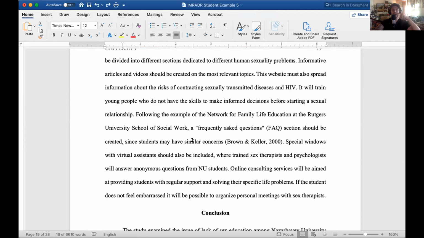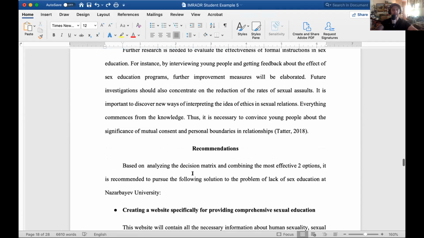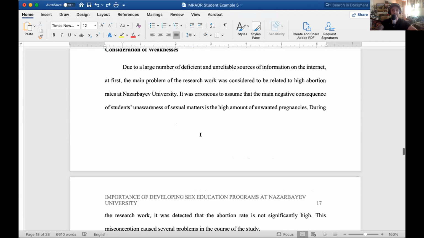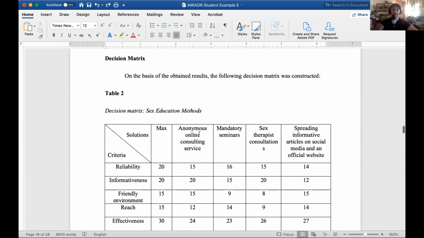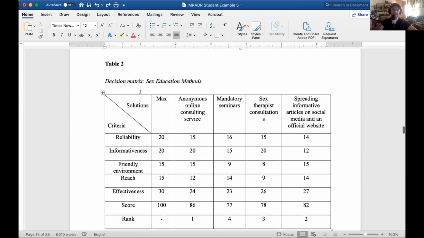So the students here may have lost some points for picking a recommendation that wasn't really connected to their decision matrix, because what that does is it a little bit subverts the whole purpose of the decision matrix.